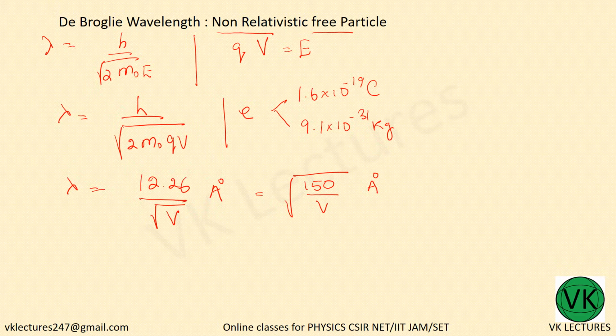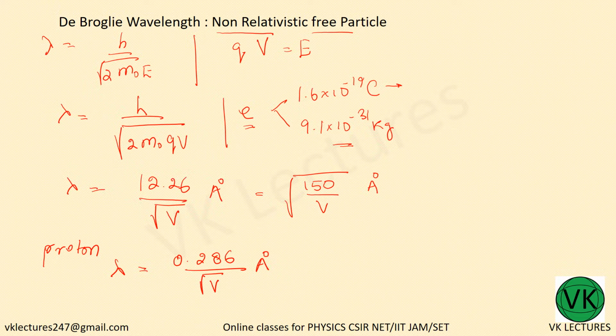Now suppose this charged particle, instead of electron, is a proton. Then what is the change? For proton, there is no change in electric charge, but the mass changes, right? So when you put the values of mass of the proton, you get lambda equal to 0.286 divided by root V. This is also in Angstrom.